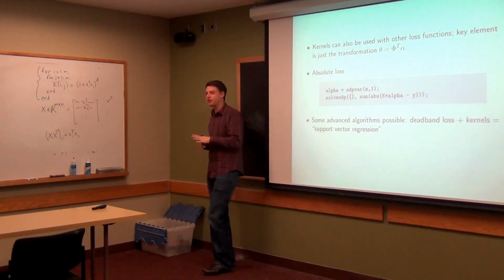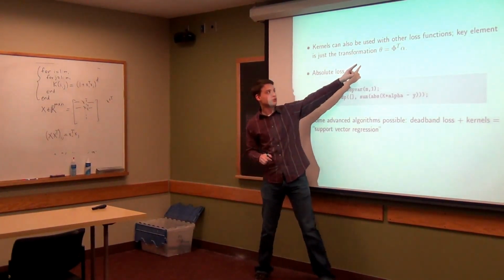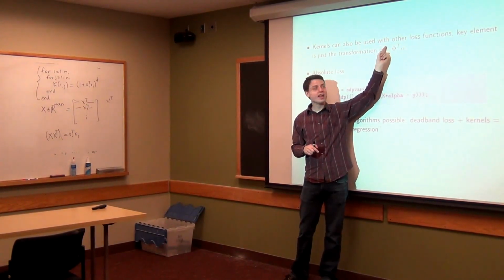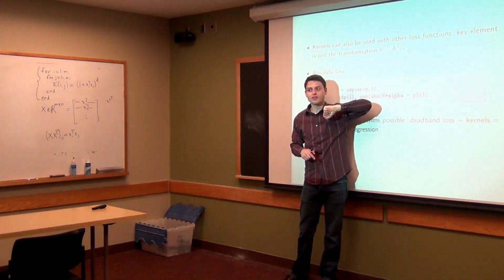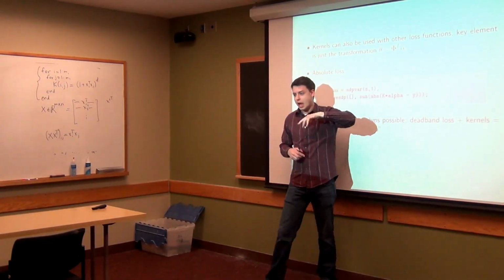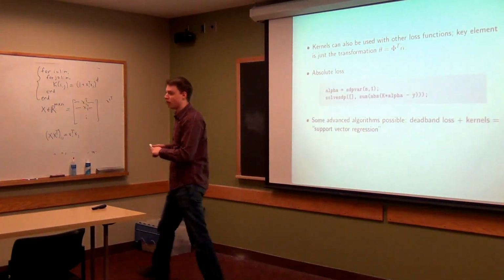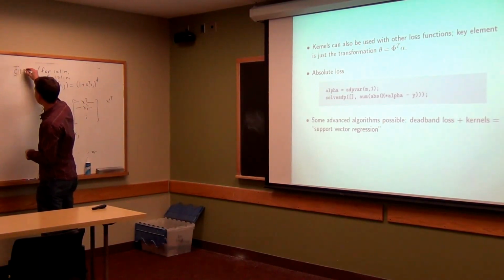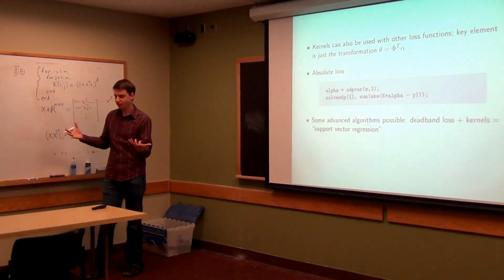So for any loss function that we'll talk about, you could always make this transformation from theta to phi transpose alpha. And when you plug that in, remember, oftentimes we'd have a form phi theta in our objective function.